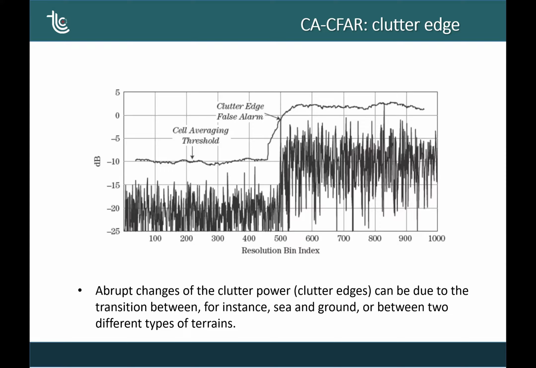So here, if you have a spike in the disturbance, then you have a false alarm. So in the clutter edge, in the low area, you have a decrease of the probability of detection. In the high power area, you have an increase of the probability of false alarm.